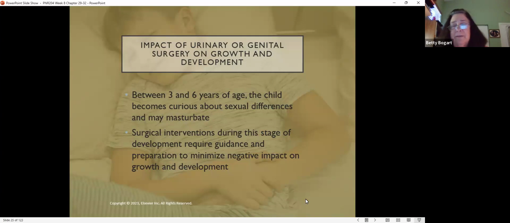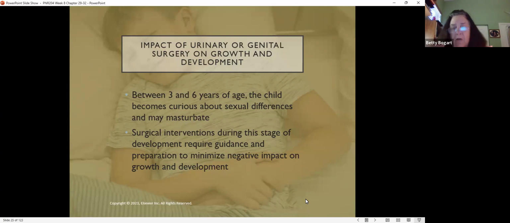So, this is part of this again, talking about having surgery on their private areas, right? Because right around preschool, 3 to 6 years of age, children are getting very curious. And this is where they start touching themselves, exploring, and masturbating. They don't know what they're doing, but it's all right. I can touch that there.